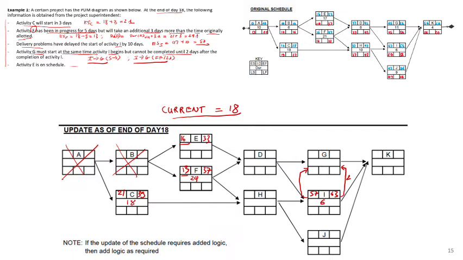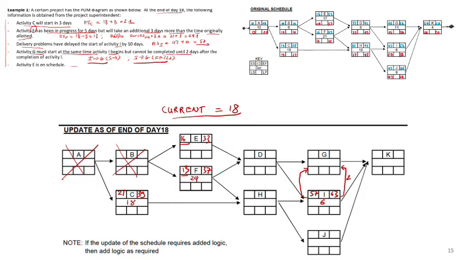Next, now we need to recalculate the network to identify start and finish for the remaining activities that we don't know their start and finish yet. All right, so to calculate this network, you just have to go forward pass. So activity D, you go from E to D, you got 33, and F to D, you got 37.